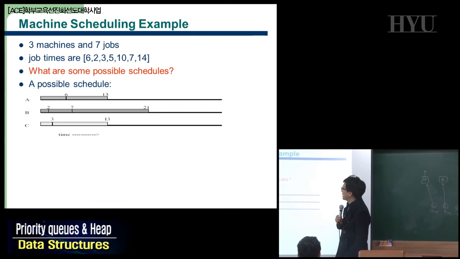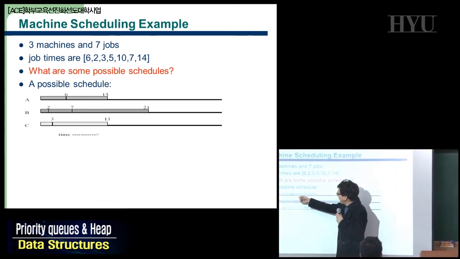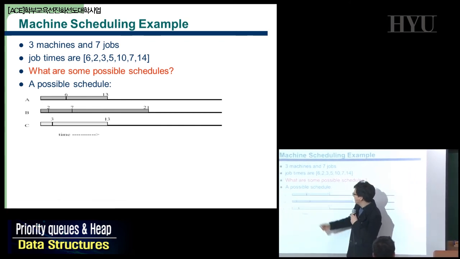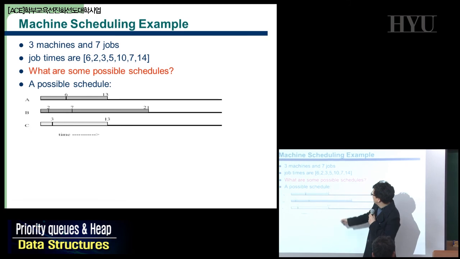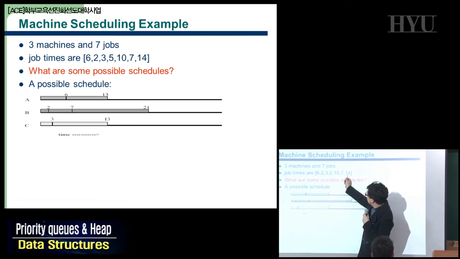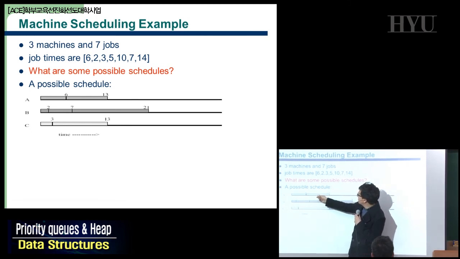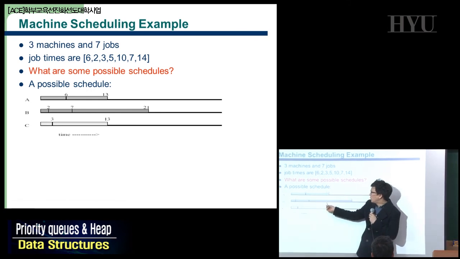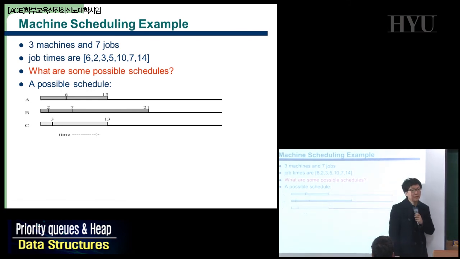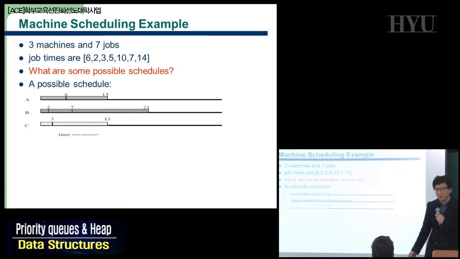What are some possible schedules? So all the same machine. Maybe if I do this, I give 6 seconds, and then I give a 7-second job here. So A will end in 13 seconds.